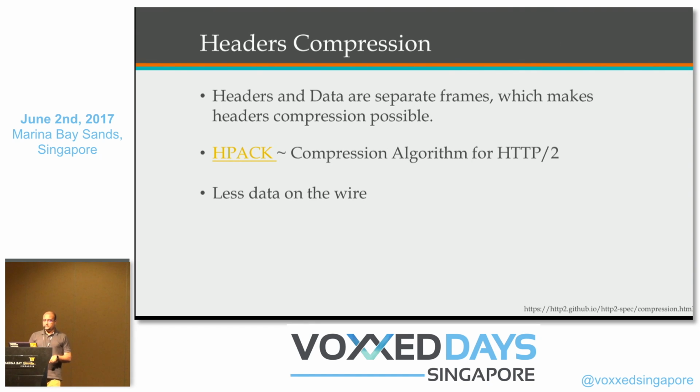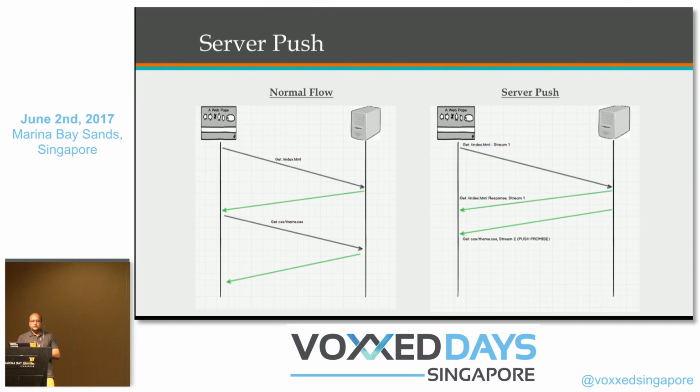So this is cool. All right. Last up is server push. Server push is one of the most talked about features of HTTP 2 for some reason. This is the normal flow.